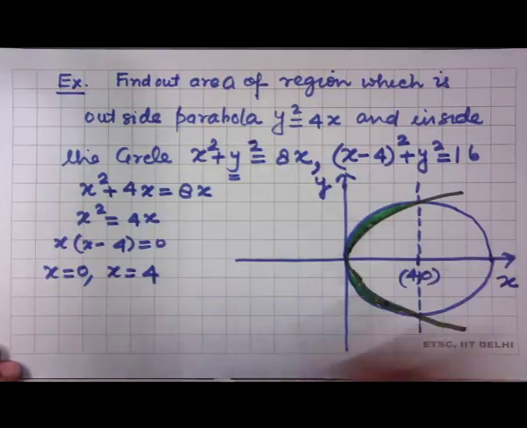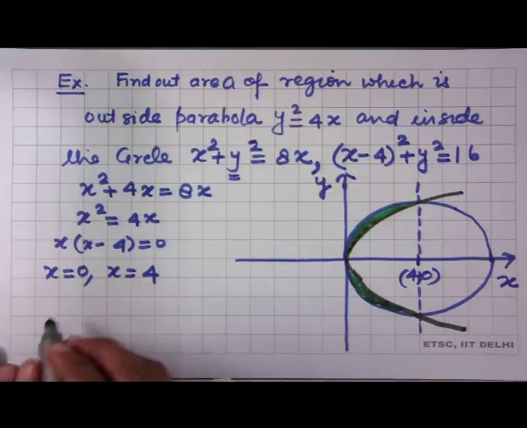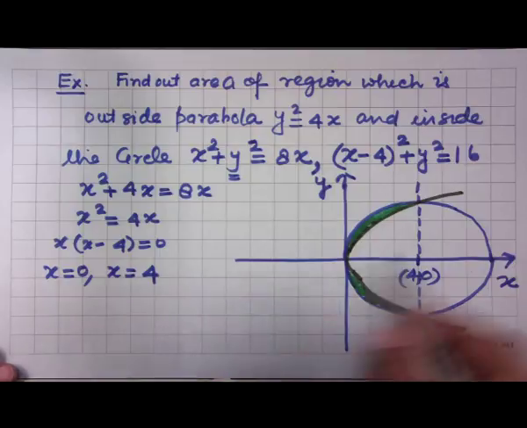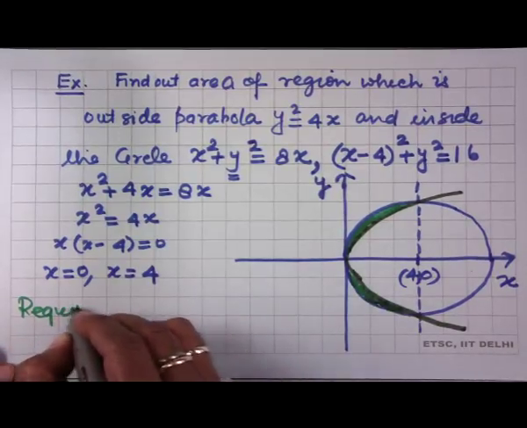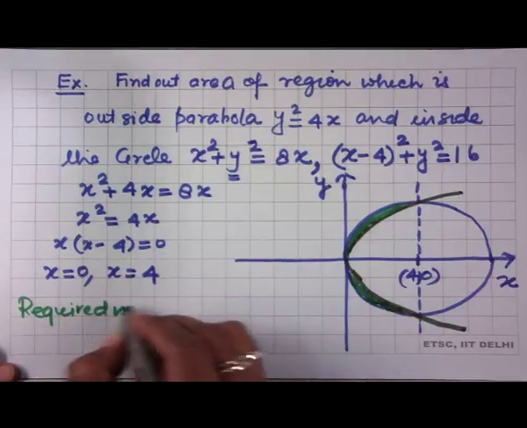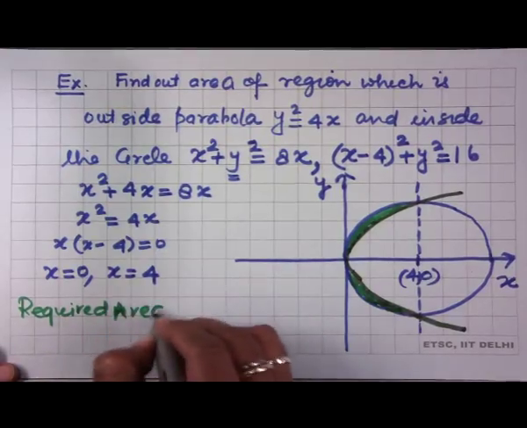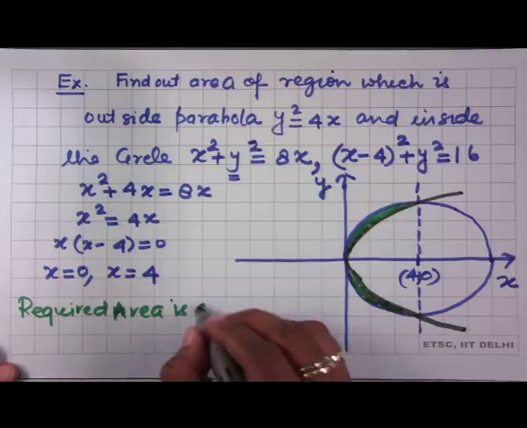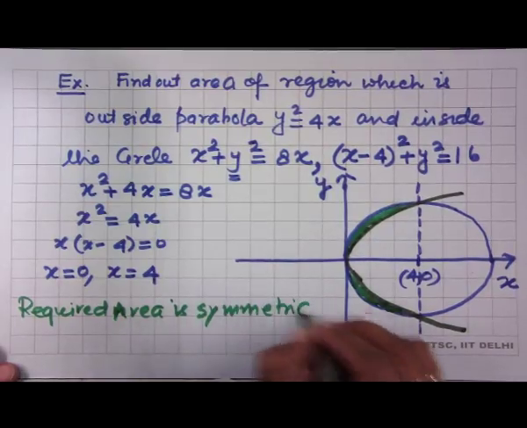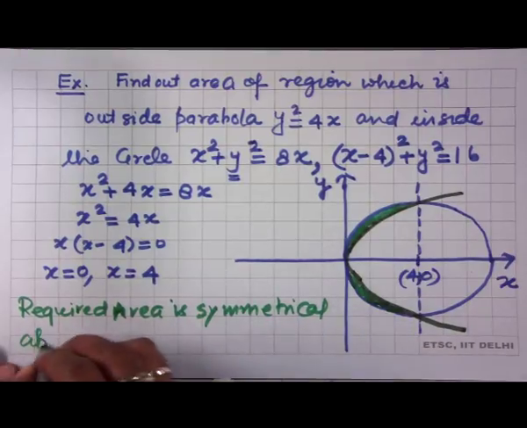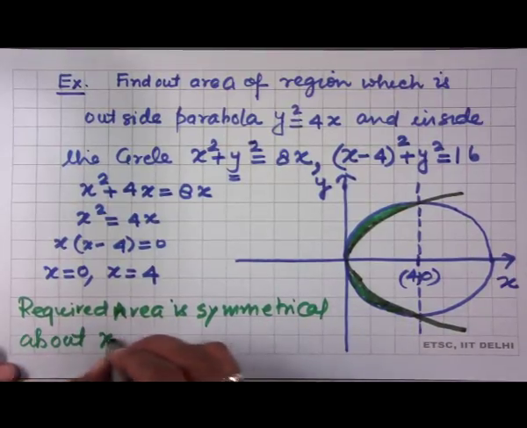Now, since this circle is symmetrical about x axis and parabola is also symmetrical about x axis, this required area is also symmetrical about x axis.